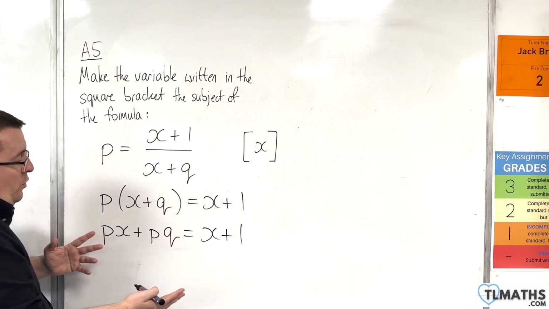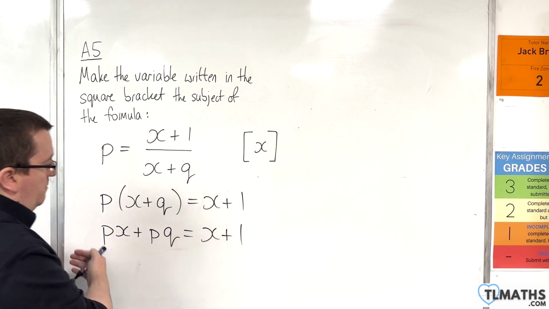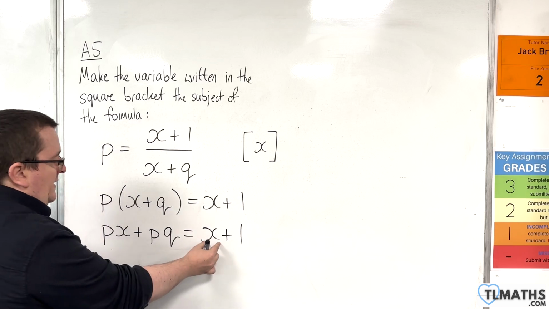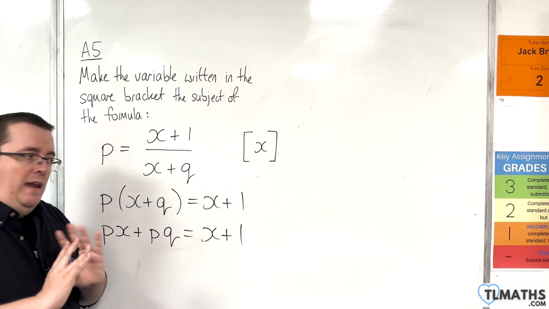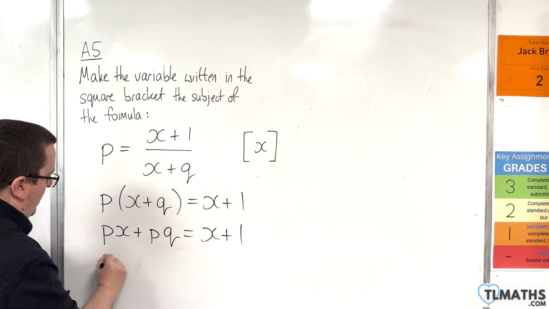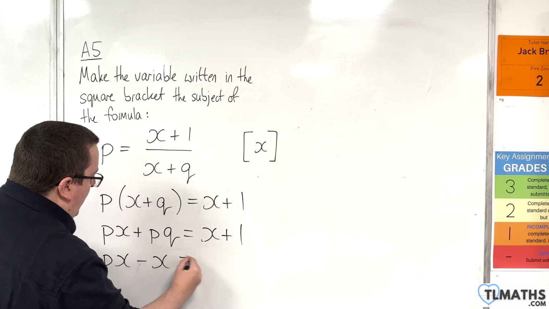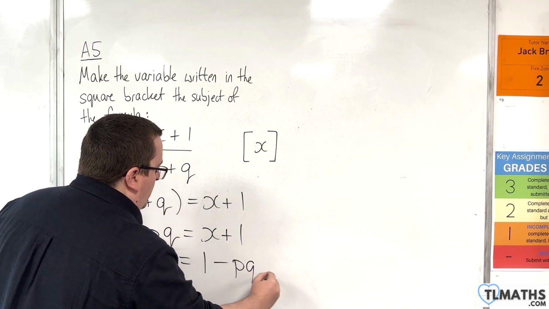So I've got a bit of a choice here. I could subtract px from both sides and subtract 1 from both sides, or I could subtract x from both sides and pq from both sides. Whichever way you do it, it won't matter. I'm going to subtract the x from both sides, so px take away x, and I'm going to subtract pq from both sides, so 1 take away pq.